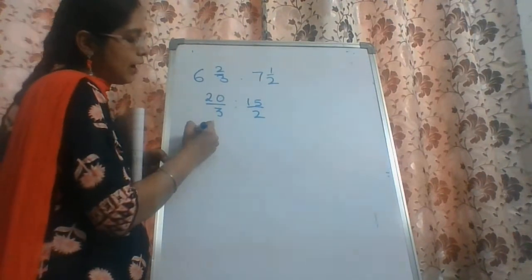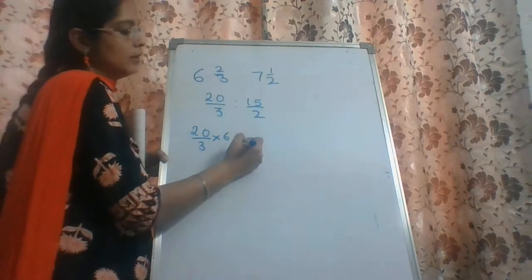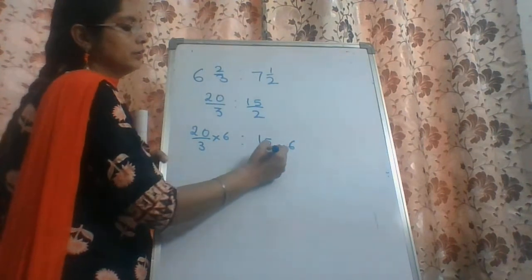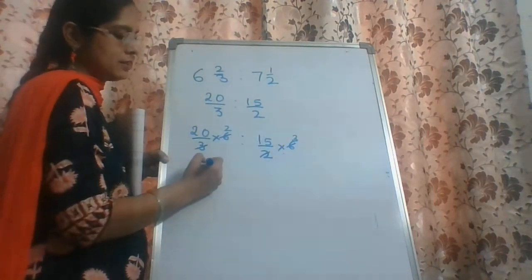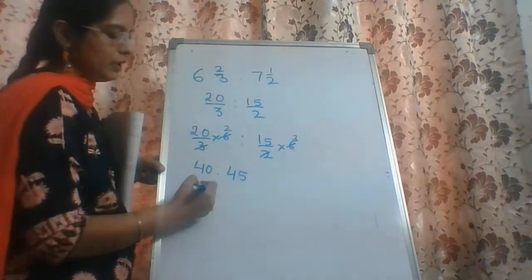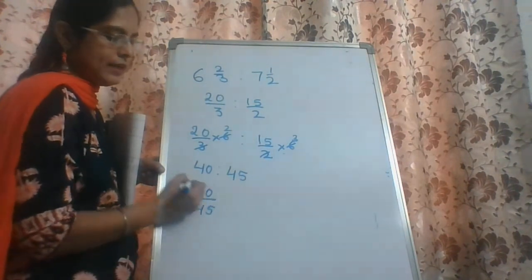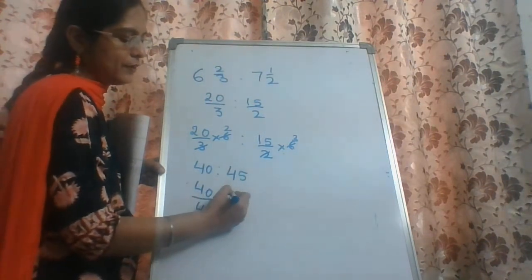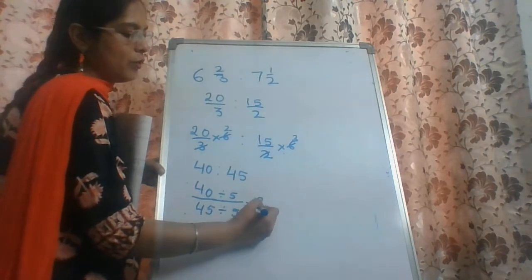What I do? I multiply both by 6. I get it as 40 is to 45. Now I can bring it to the lowest form. 40 upon 45. HCF of both 40 and 45 is 5. I get it as 8 upon 9.